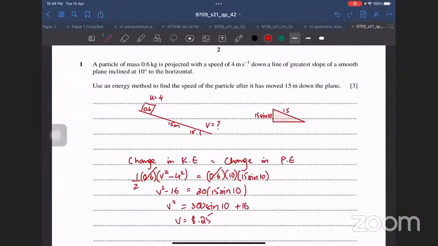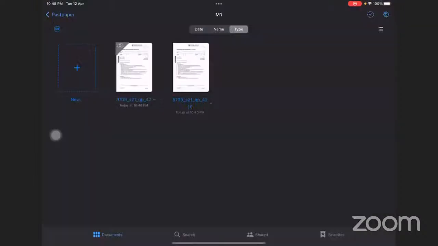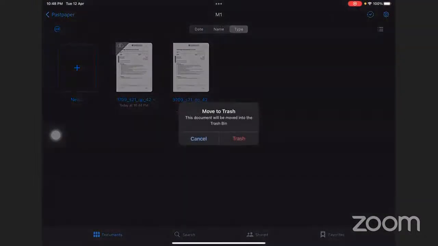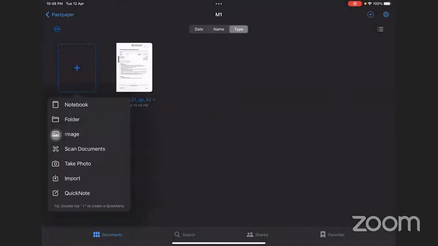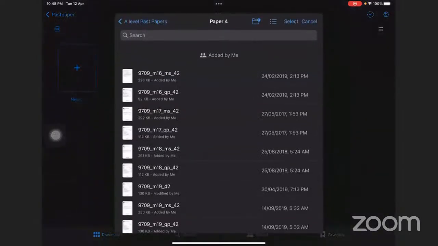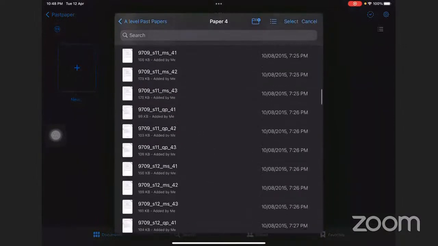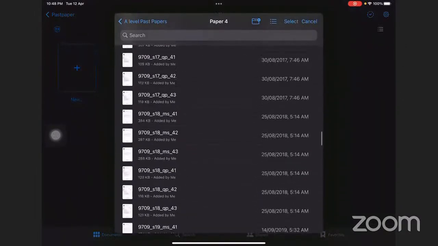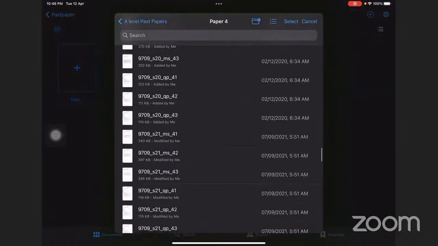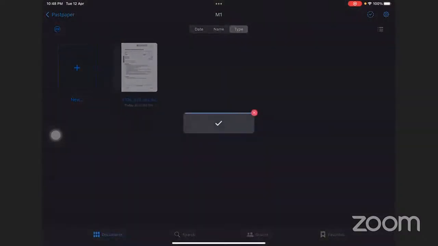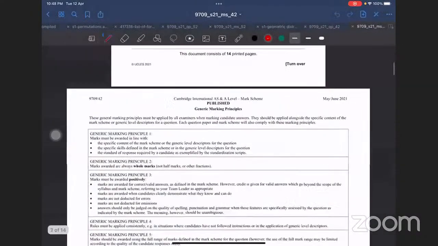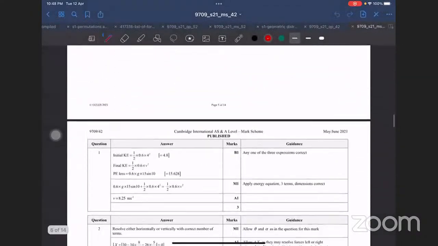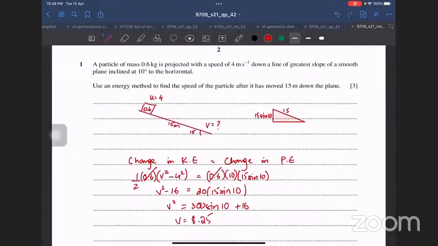Let's check if that answer is correct. Let me open up the marking scheme. So that's 8.25 meters per second.